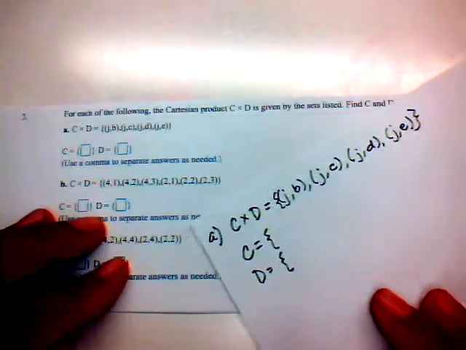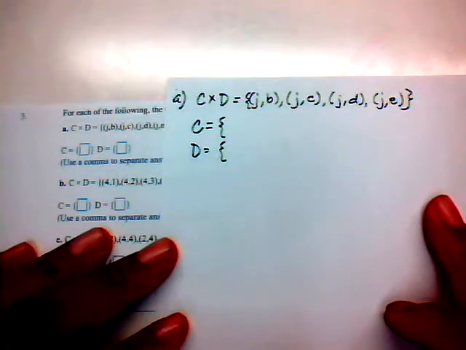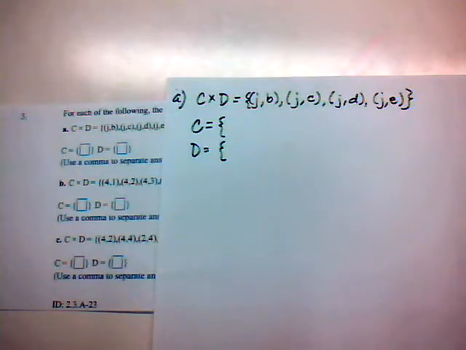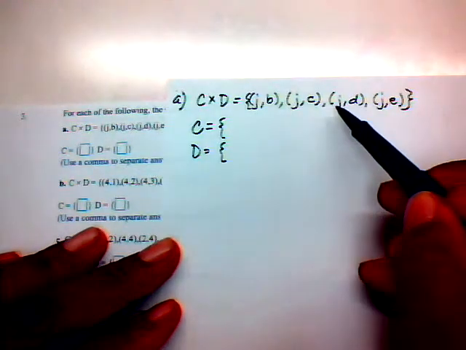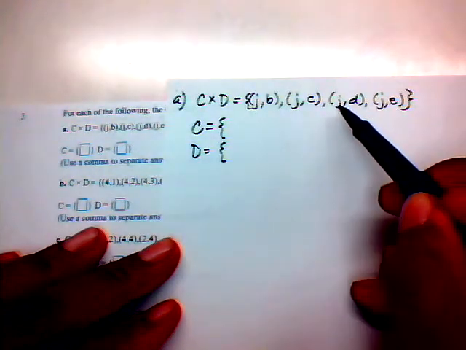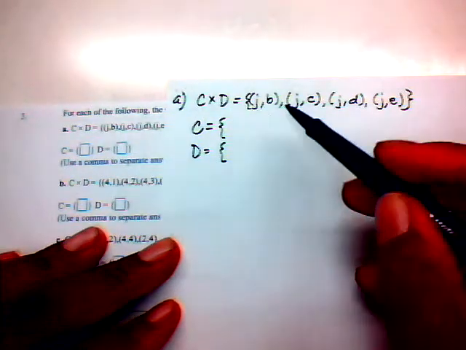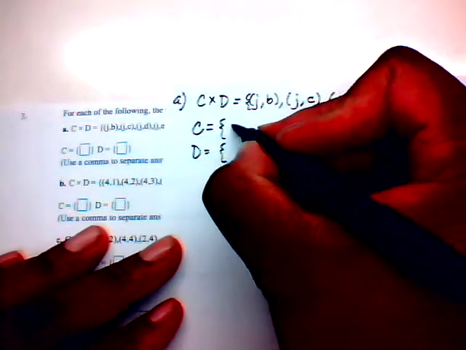So we want to find out what C was and what D was. Okay. To get this, the first element of C had to be paired with each and every element in D. Well, notice we only got one element here, and it has to be J. So J was an element of set C.